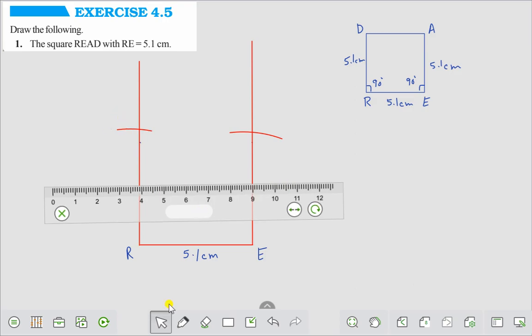This point is D. This point is A. Right? Now join this DA with the help of the ruler.